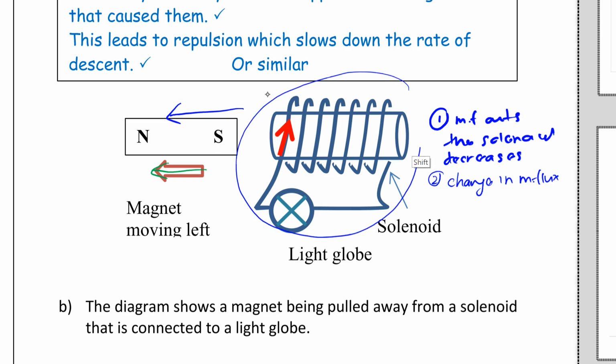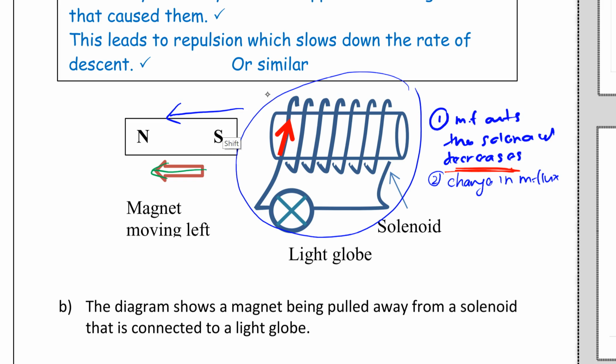Due to the change in magnetic flux, EMF will be induced in the solenoid, and the EMF induced in the solenoid will act in such a direction as to oppose the change that is causing it. So in this case, since the magnetic field that cuts the solenoid decreases, the induced EMF will have its own magnetic field, and this magnetic field will act in such a direction as to oppose the change.